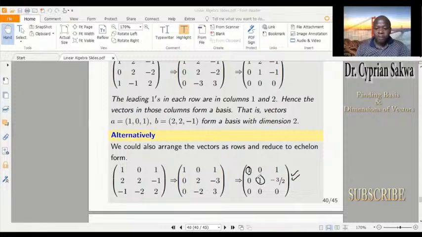So the basis, since I had arranged my elements in rows, and this leading one is in row 1, the vector in row 1, which was A, and also the vector in row 2, which was B, these two form a basis of the vector space B. And you can still see that the dimension is 2 because that basis has 2 elements.